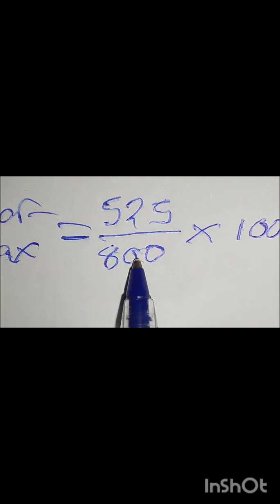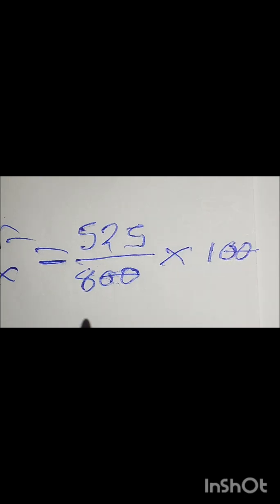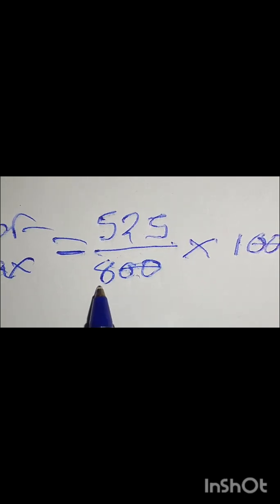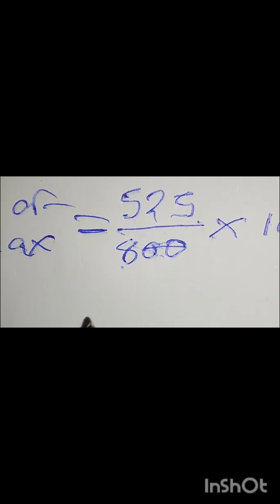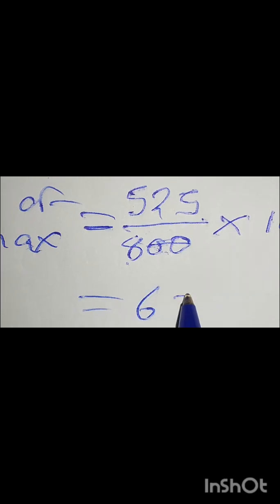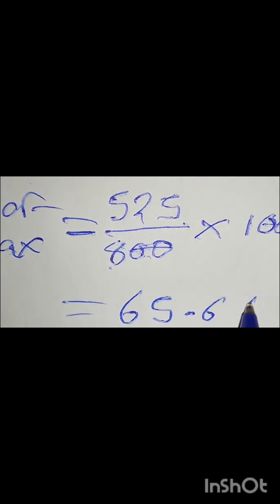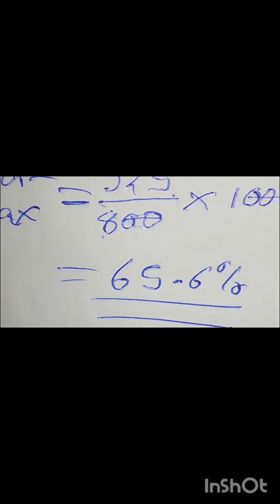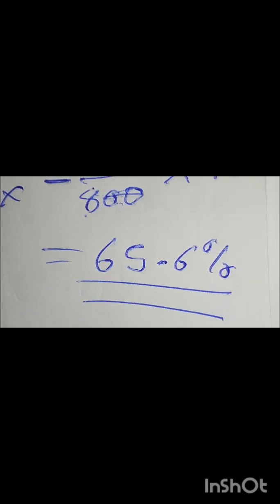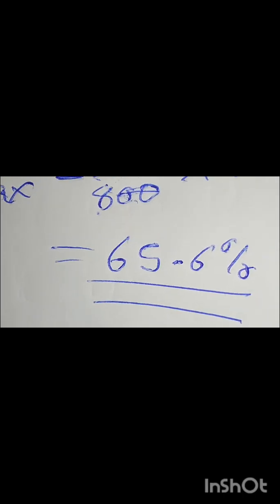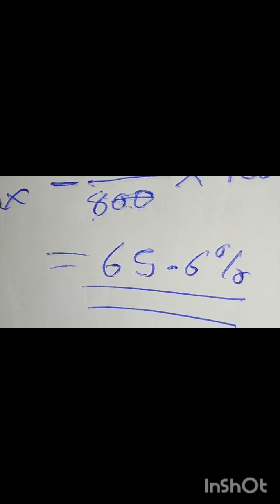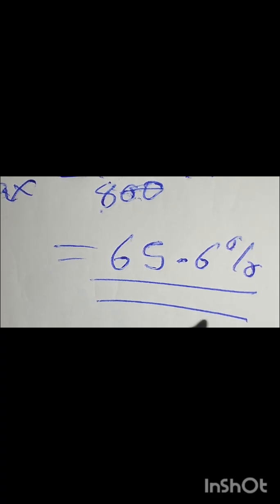So you can cancel out these zeros: 525 divided by 8. The final answer is 65.6%. So the percentage they extracted is 65.6% by the time the company was closing.